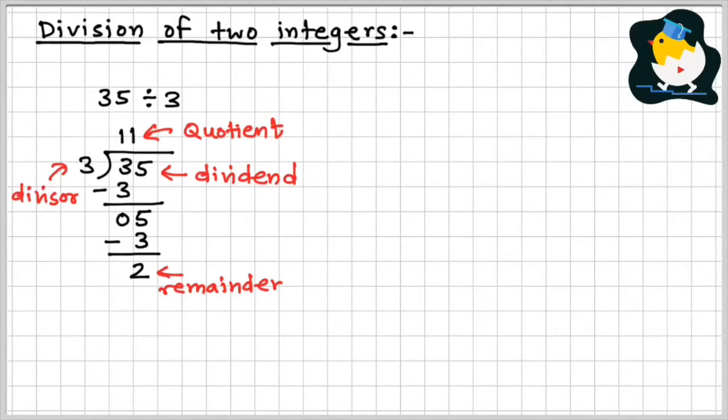What is exactly happening? You can understand this division as repeated subtraction. How is it repeated subtraction? Let's say there are 3 people, A, B, C, and we want to distribute 35 chocolates equally among them.